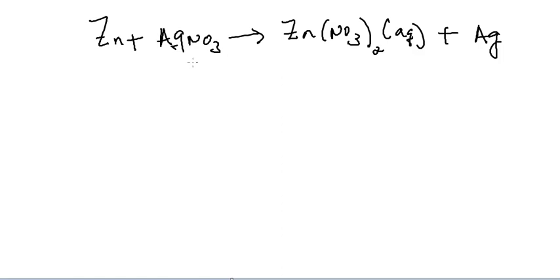So one thing we have to realize before we go further is that we need to balance the equation. This equation is not balanced because we have two nitrates on the product side and one nitrate on the reactant side. So we have to put a coefficient 2 to balance the nitrate ion. One of the easiest ways to balance equations, if you have a polyatomic ion, is to start with the polyatomic ion first.